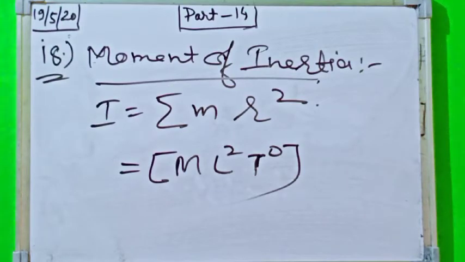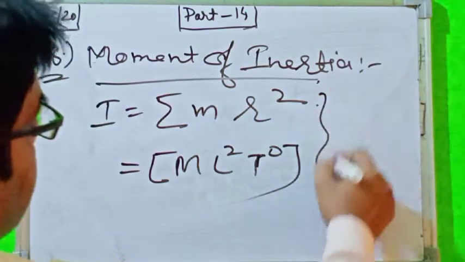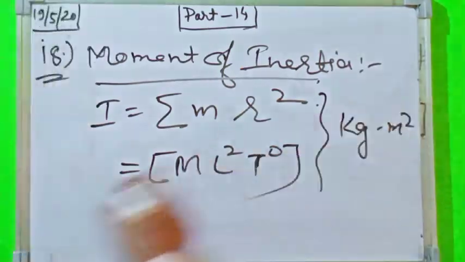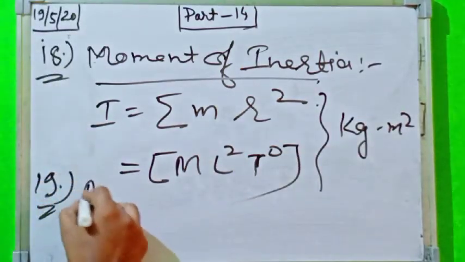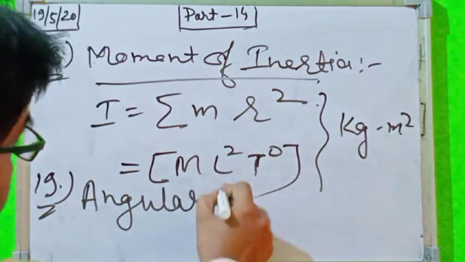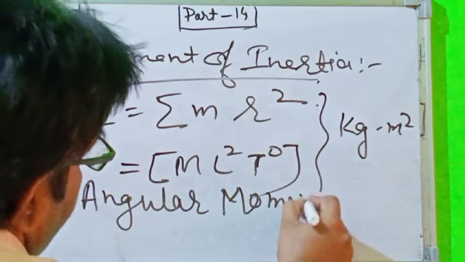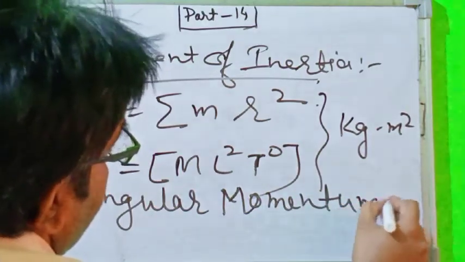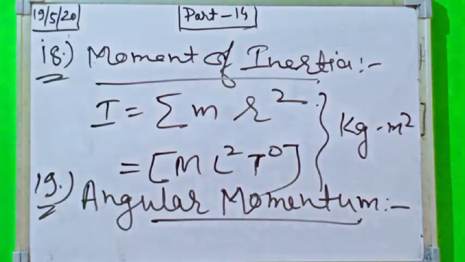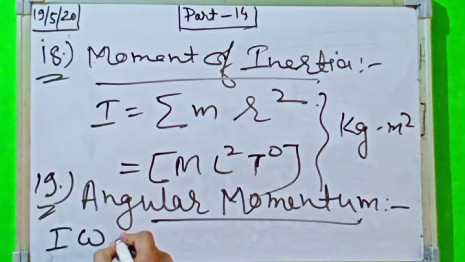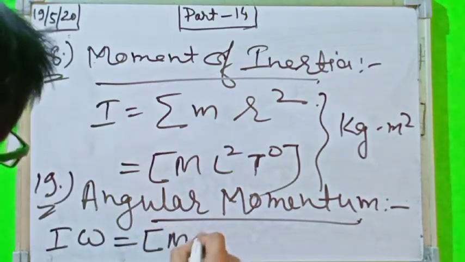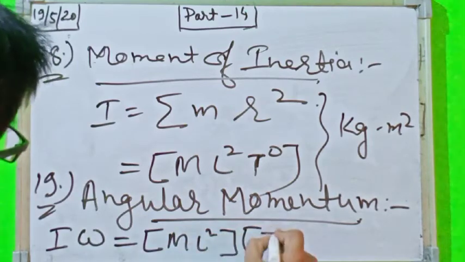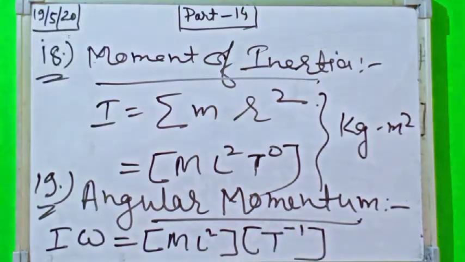Now angular momentum. The formula for angular momentum is I into omega. Now look here: M L^2 for moment of inertia and T^-1 for angular velocity.